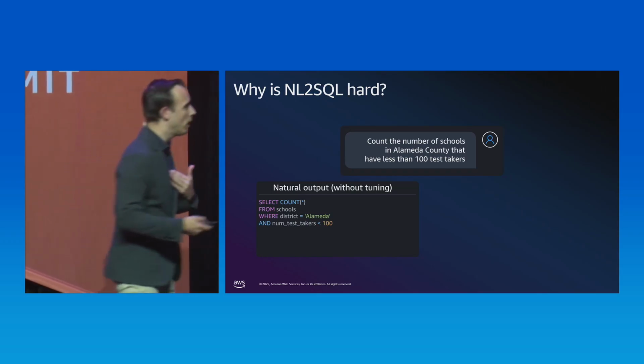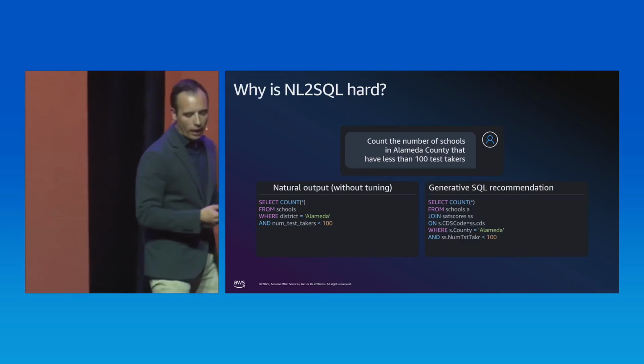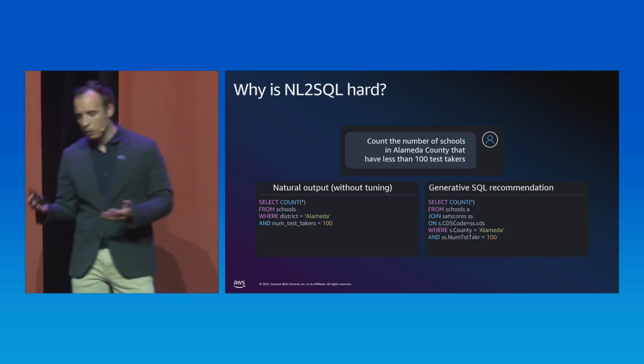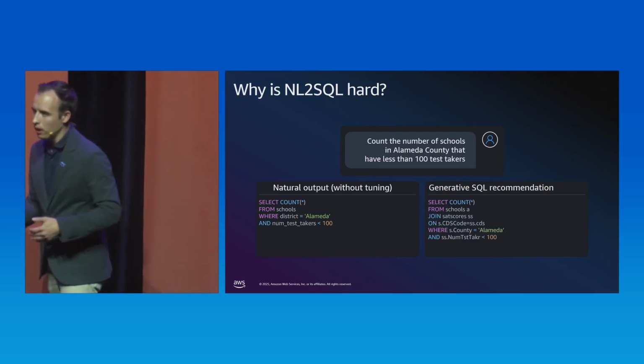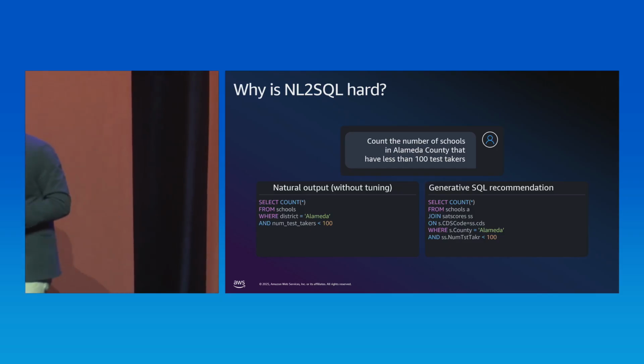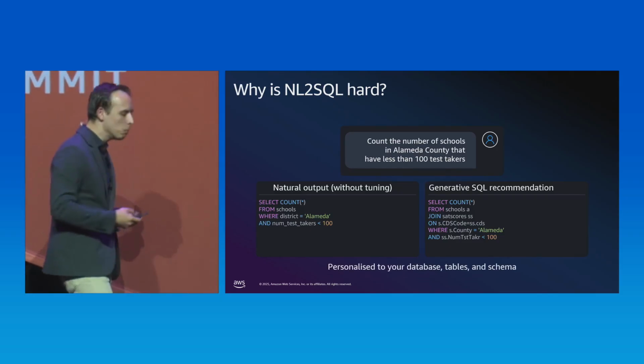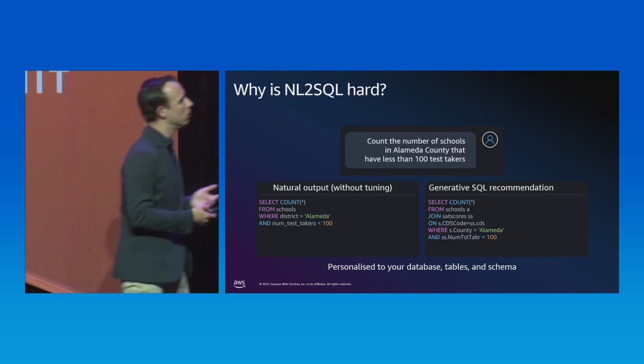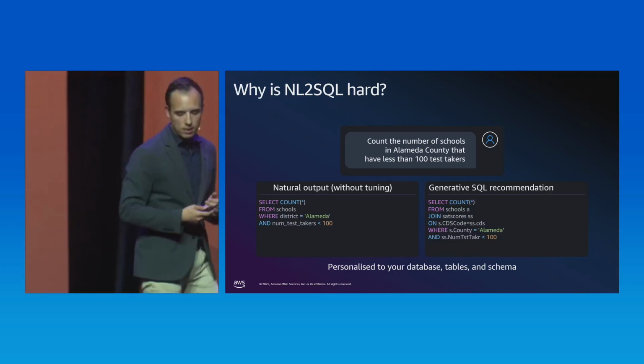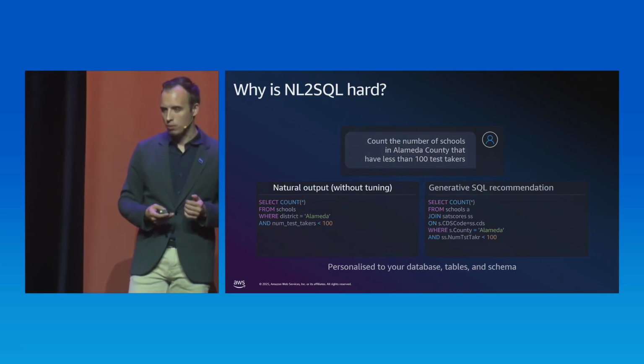But in my case, for my database, I actually have maybe the same table name, but I've got different columns. And maybe I need to actually perform those joins. So the bottom line is we actually need to know about the tables, about the structure, about the schema, to be able to actually translate that natural language to SQL.